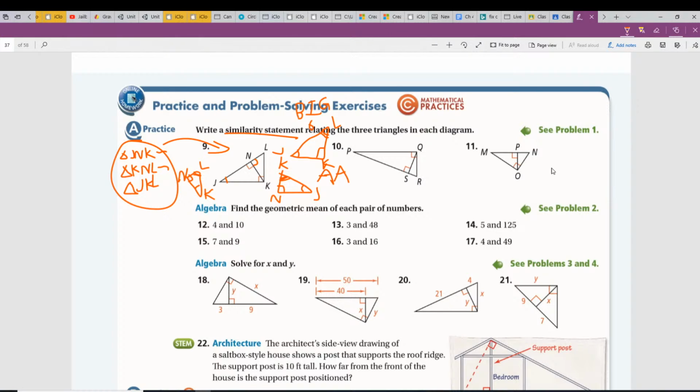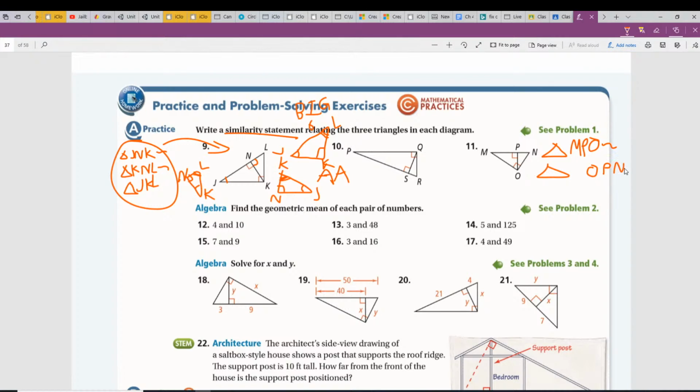11, same thing going on here. It's basically the same thing, we're just labeling it differently. It's kind of tilted. So we have triangle MPO is similar to triangle OPN.